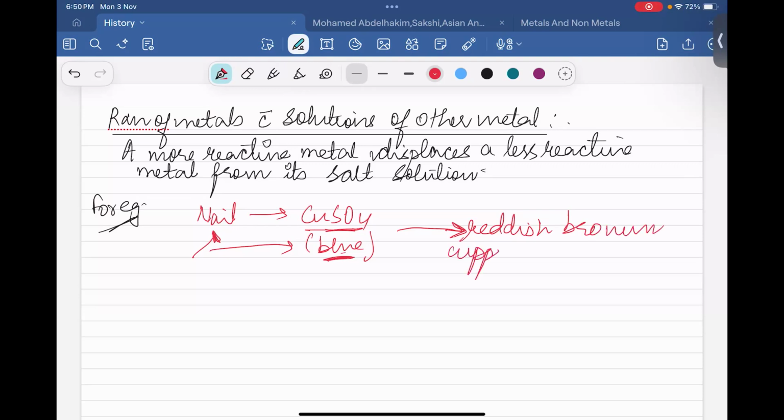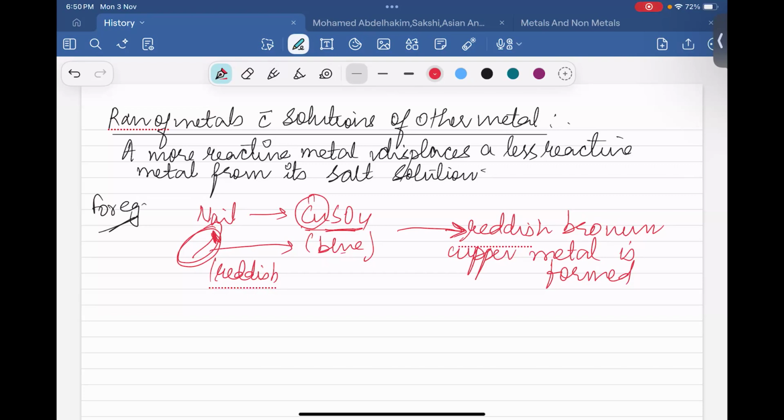What does it mean? Copper metal is formed. This means this copper is displaced by this iron nail. It had a reddish brown color, and it was put in a blue color solution.